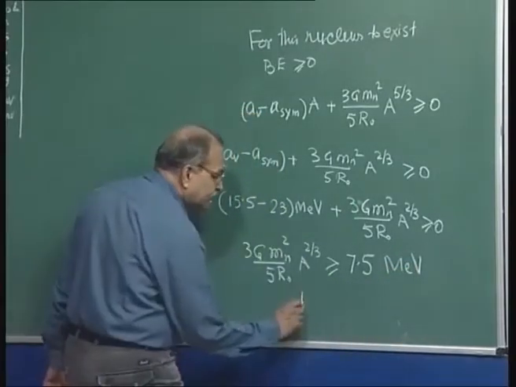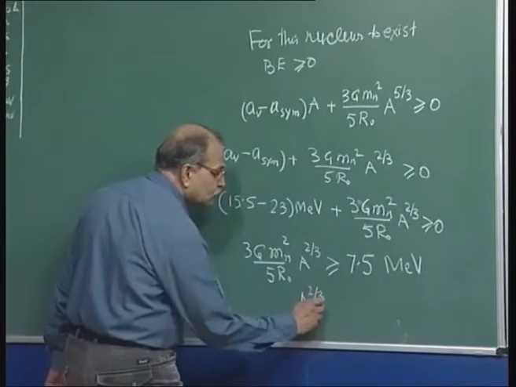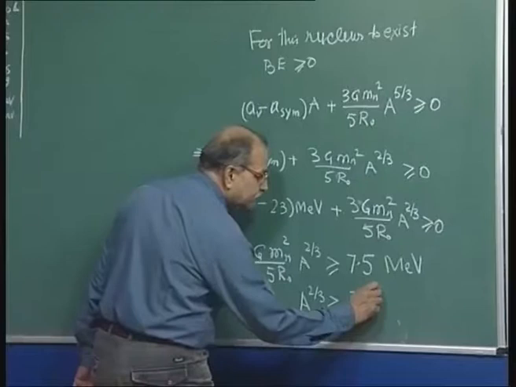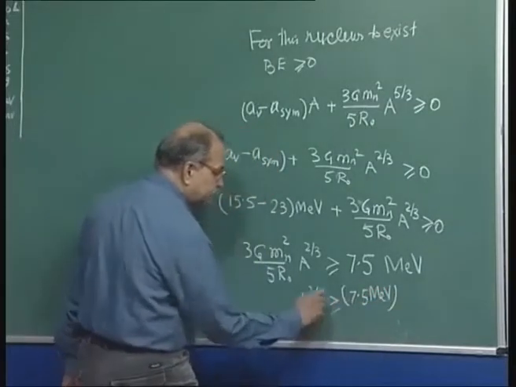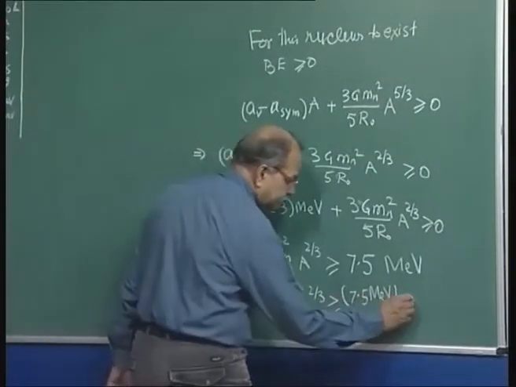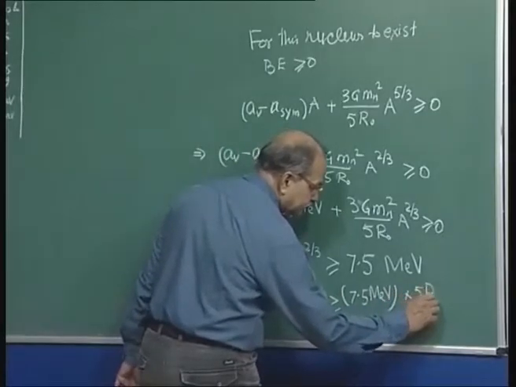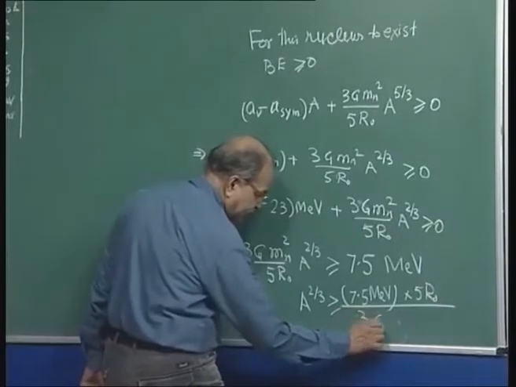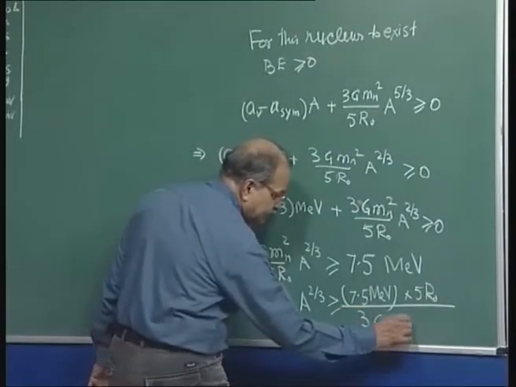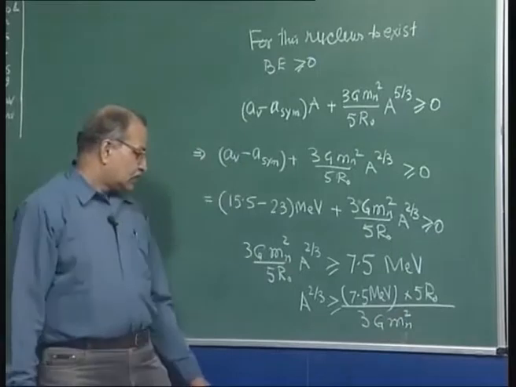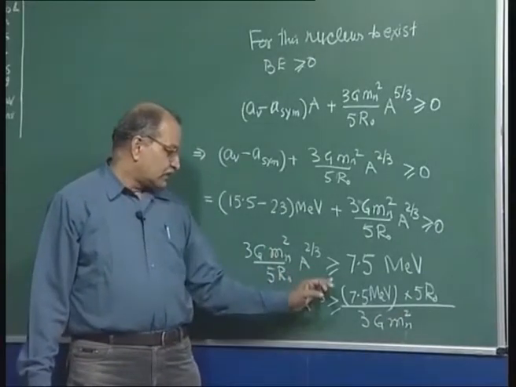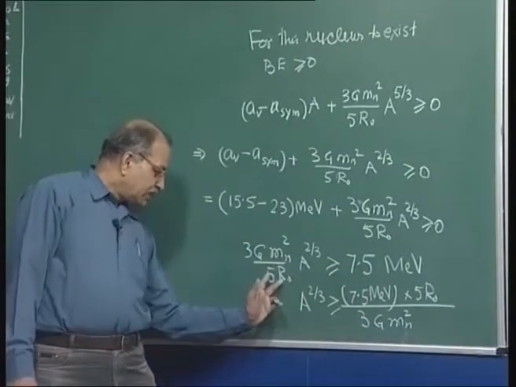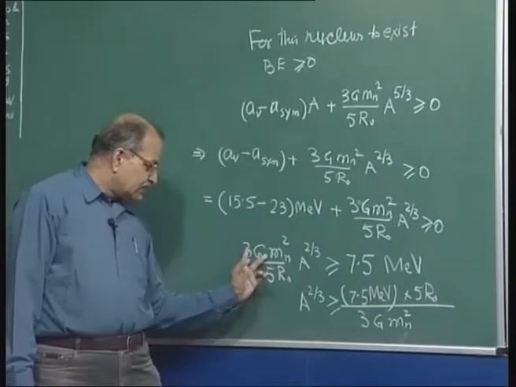A 2 by 3 should be greater than or equal to 7.5 MeV times 5 r naught divided by 3 G m n square, right.